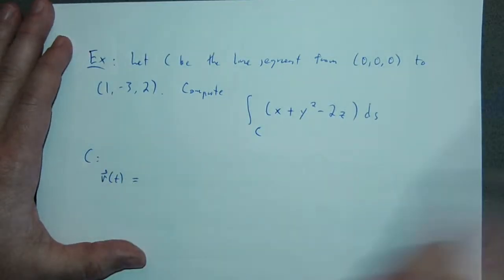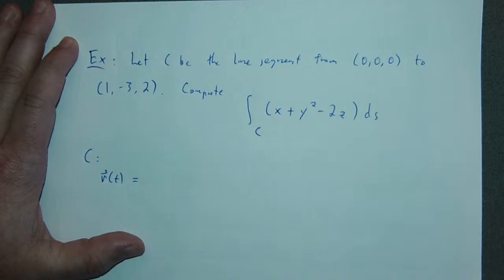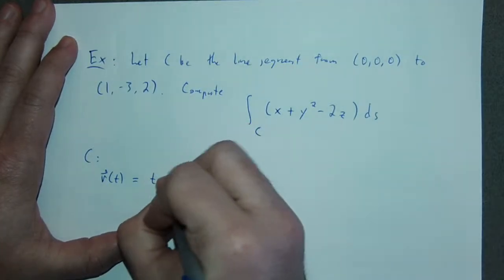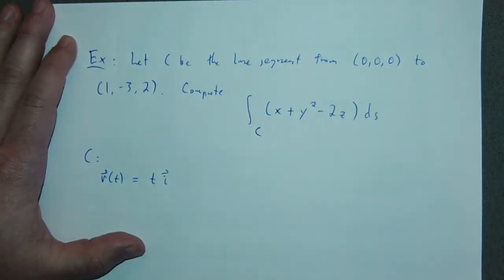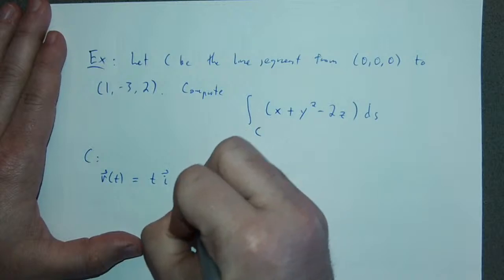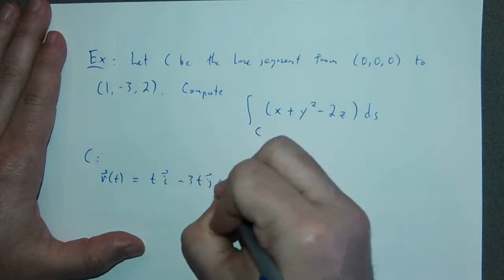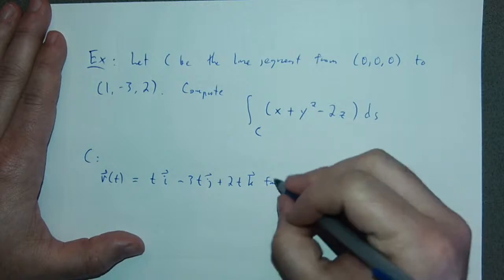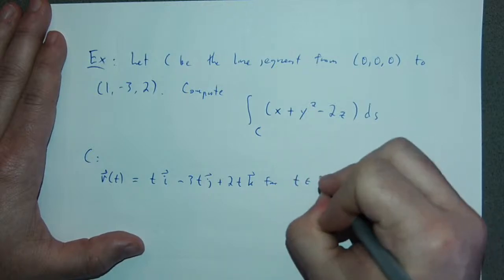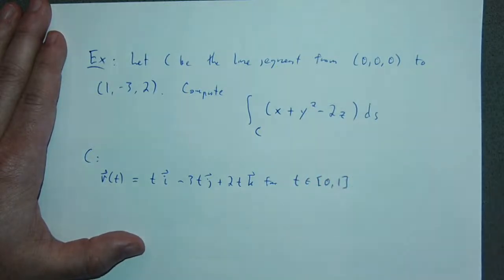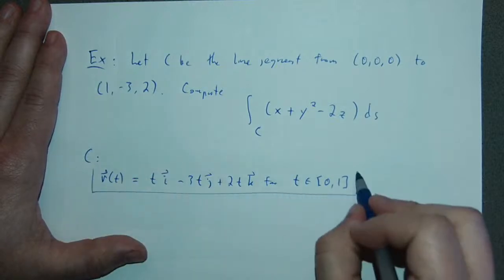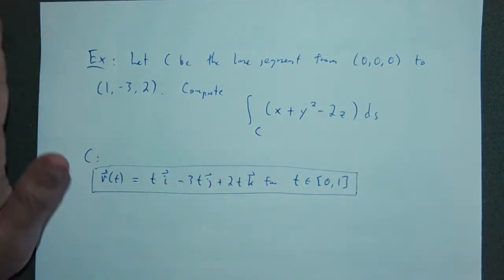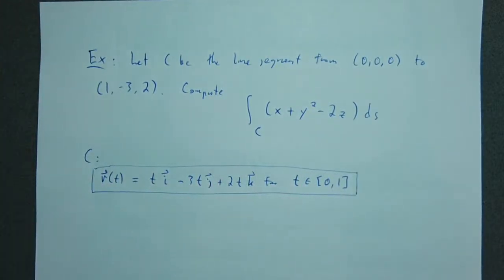And here it's easy to see that this parameterization would be t i minus 3t j plus 2t k for t between 0 and 1. All right, this will do it. This is not the only possible way that you could parameterize this curve C, but this will get the job done.